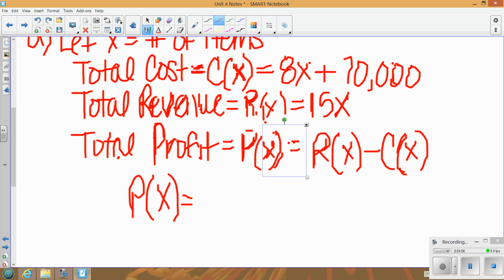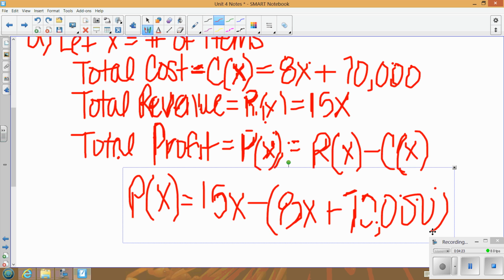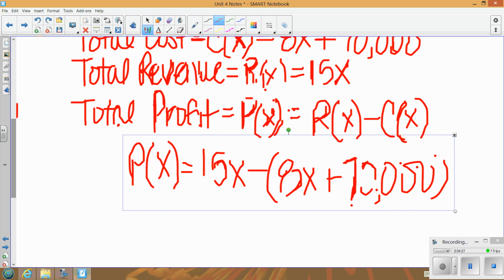So then we actually have to figure out what that is. The profit equals the revenue, 15x, minus the cost, which I'm putting in parentheses so that I remember to distribute this negative. So I have an equation that I need to now simplify.